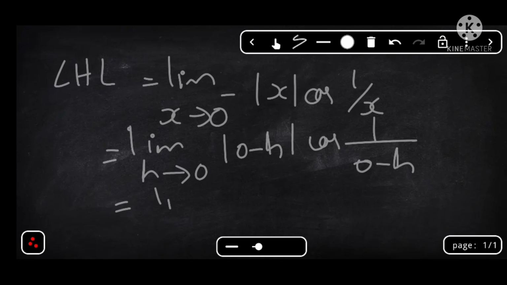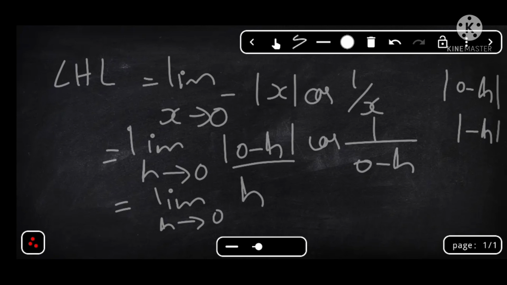This can be the limit as h tends to 0 of h into, in place of this, we'll get |0 − h| will be |−h|, that is equal to h. So h cos(1/(0 − h)), which is cos(−1/h).